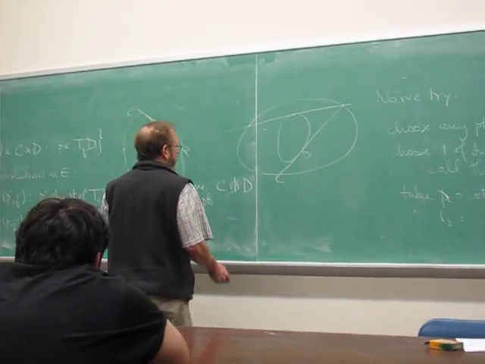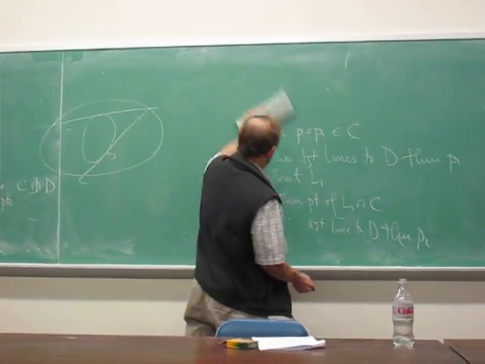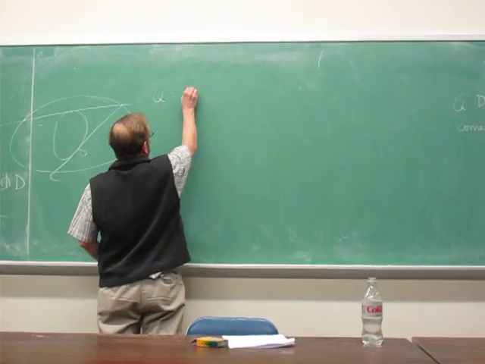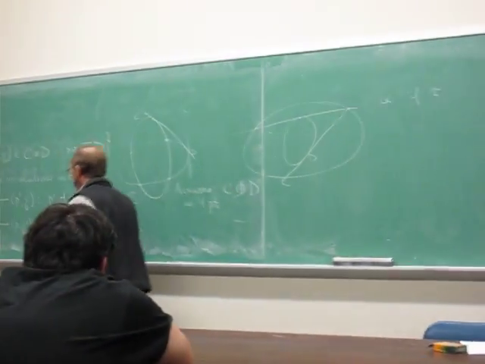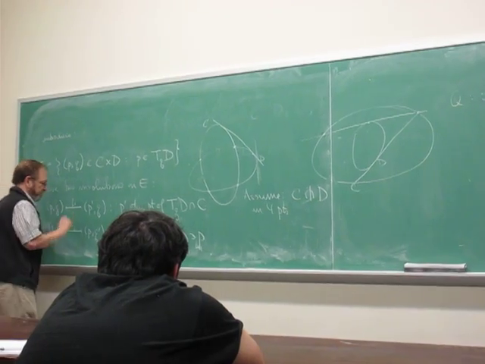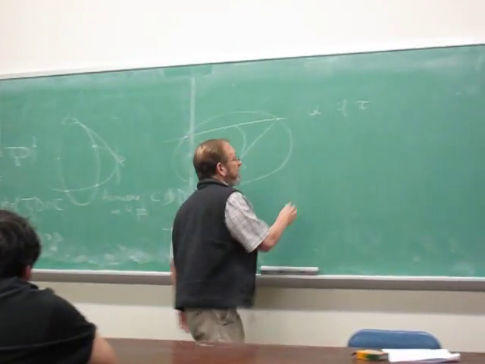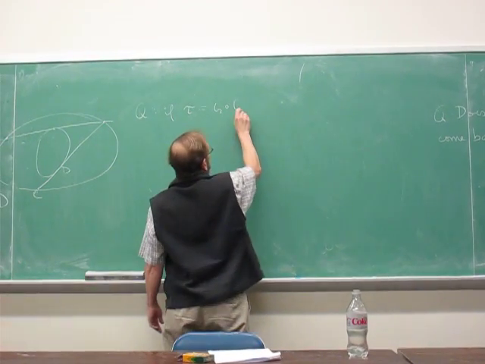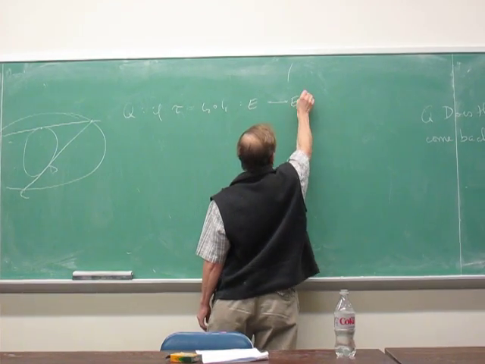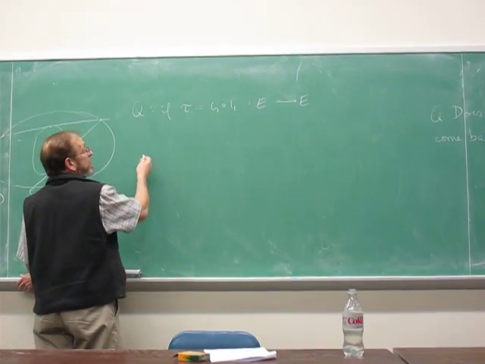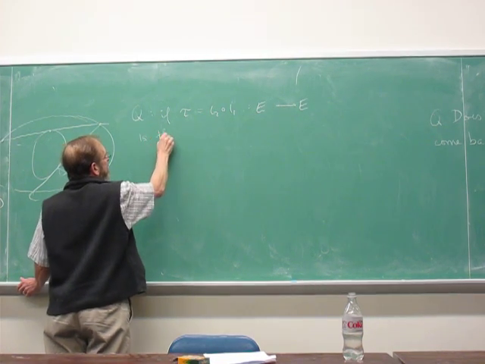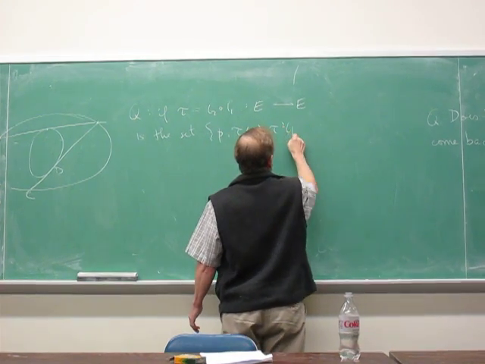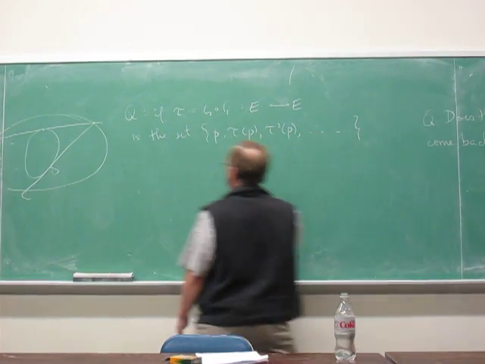So the question now becomes simply, if we let tau be the composition of these two, just for the sake of, let's just give these names, 1 and 2. If we take tau is 1 then 2, so now that's again a map from E to E, but of course it's no longer an involution. The question is, is the set P, tau of P, tau squared of P, and so on, finite or infinite?